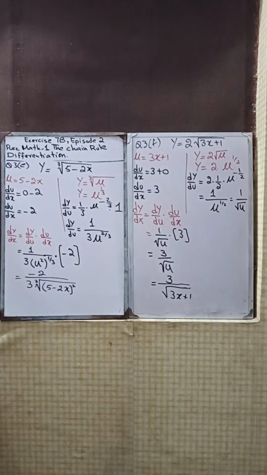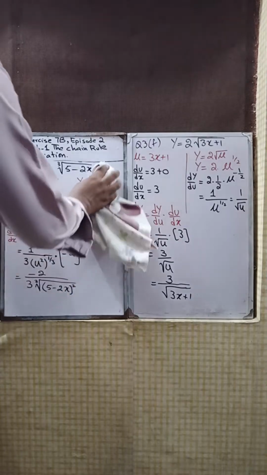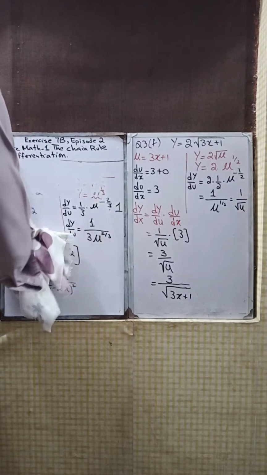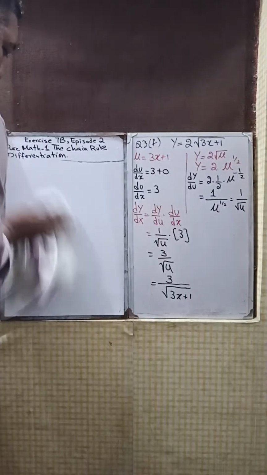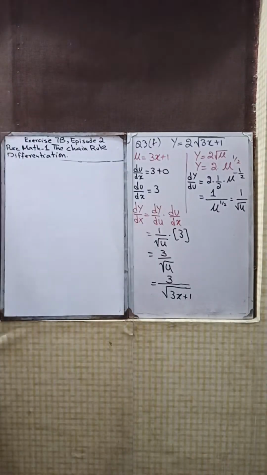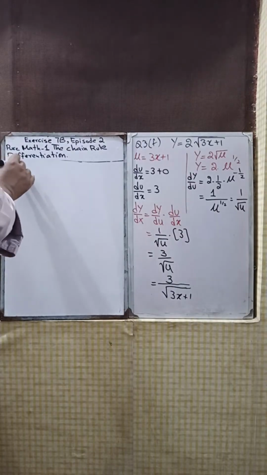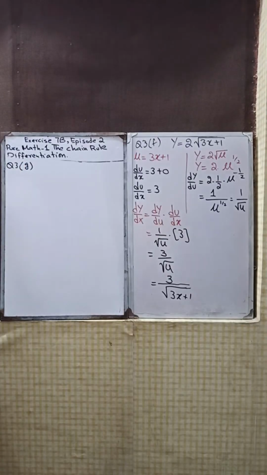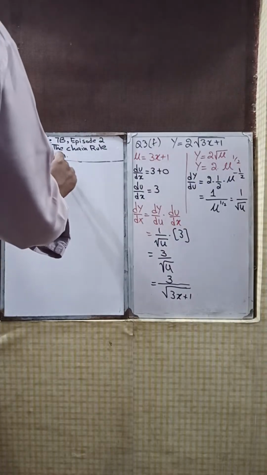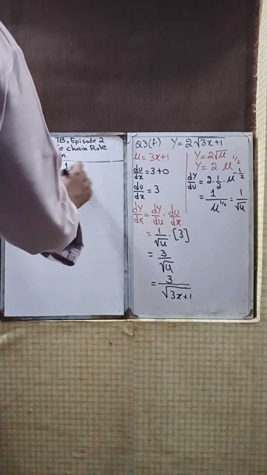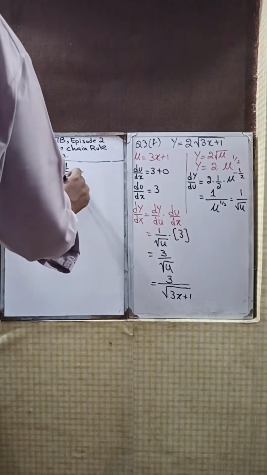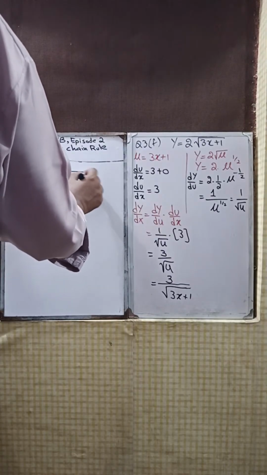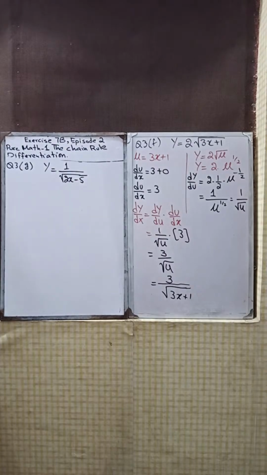In question number 3, G part, we have y is equal to 1 divided by the square root of 2x minus 5. Okay, so this is the G part.